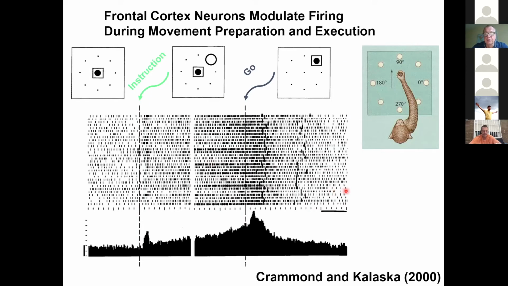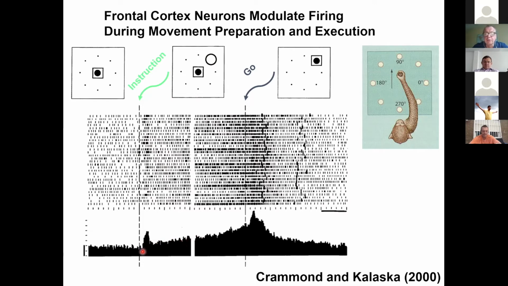Also, there is a variation of this task. It is called the instructed delay task. Here, a monkey or even a human is given an instruction of movement, like move in this direction, but then he is not allowed to move until there is a go cue. So when the subject knows movement direction, but is not allowed to move, there are still changes of activity in cortical cells.